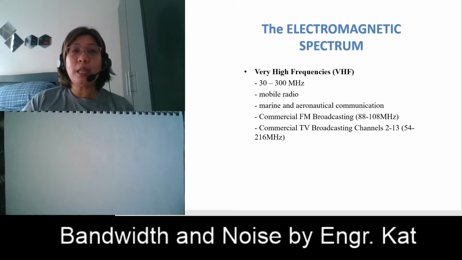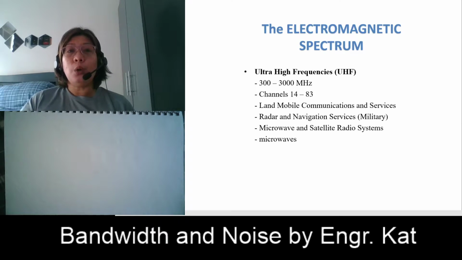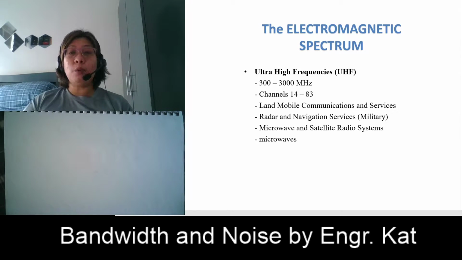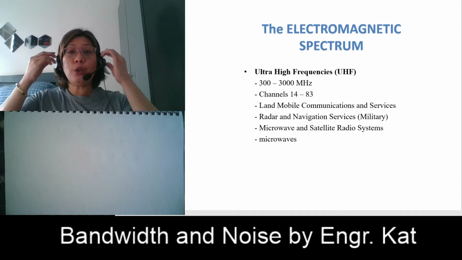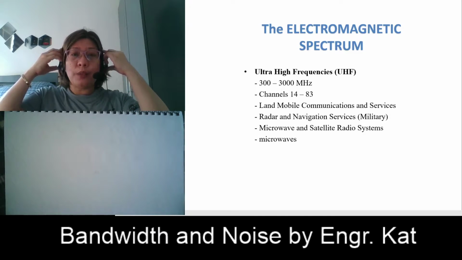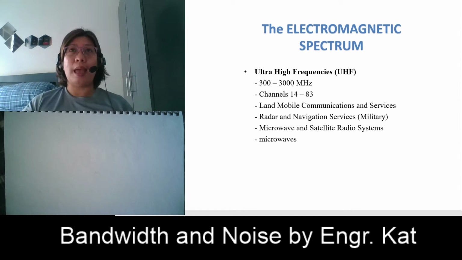Channel 14 and above, we are in the ultra high frequencies, channel 14 to channel 83. So you have the land mobile communications and services, radar and navigation services for military purposes, microwave and satellite radio systems, and microwaves. Okay, so they fall under the ultra high frequency.